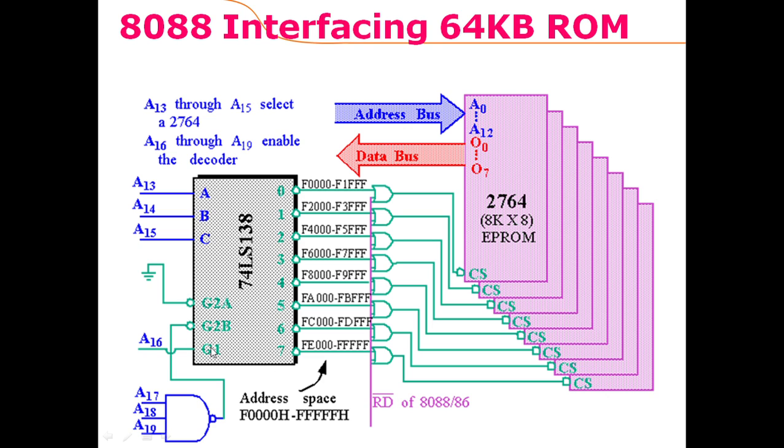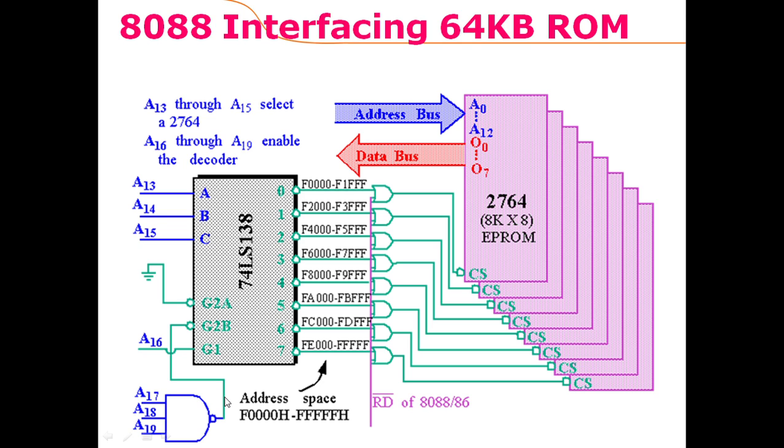So A16 is connected with G1, and the other address lines are connected with G2B through a NAND gate. To enable this decoder, G1 must always be 1 and G2B must always be 0. So to get G2B as 0, A17, A18 and A19 must be 1, so that we would get a 0 here, as we are using a NAND gate.